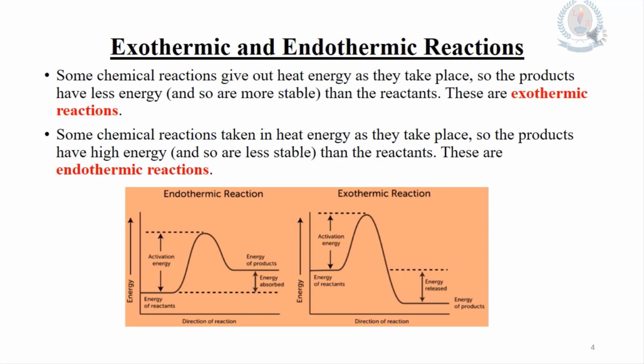This type of chemical reaction is an exothermic reaction. Some chemical reactions take in heat energy. So the products have higher energy, or we can say the products are less stable than the reactants. These are known as endothermic reactions.